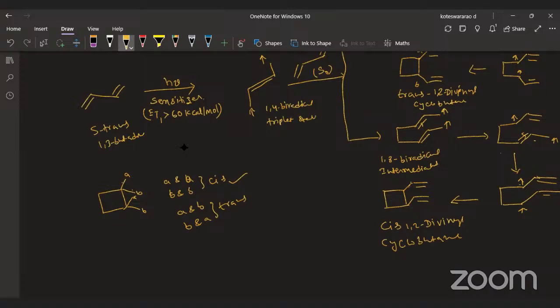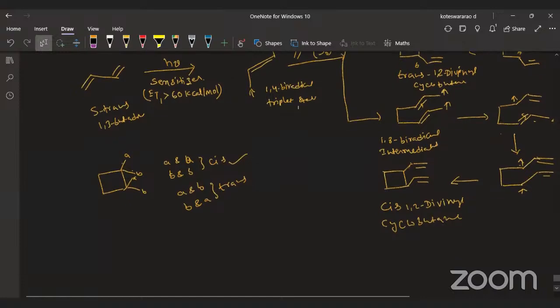That will be bombarding with the ground state S-trans isomer. Then it leads to the formation of trans-1,2-divinylcyclobutane and cis-1,2-divinylcyclobutane. Then what is the other remaining product? The 4-vinyl.